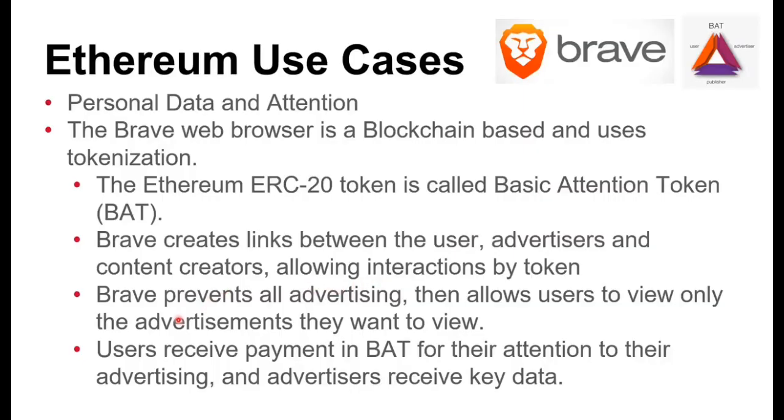So please check the video on brave.com. By default, Brave blocks all advertising, and then you will allow certain advertising, and you can receive payment in BAT for your attention on that advertising.